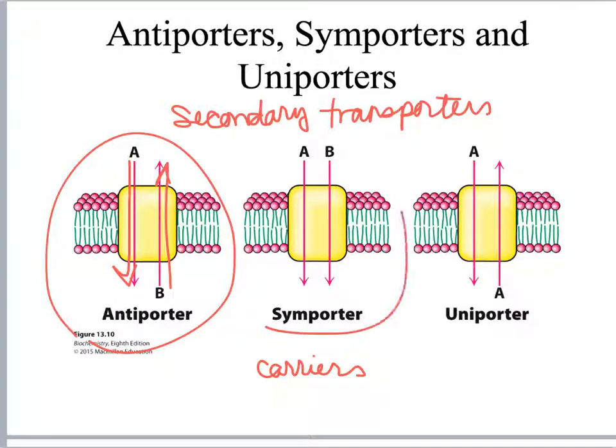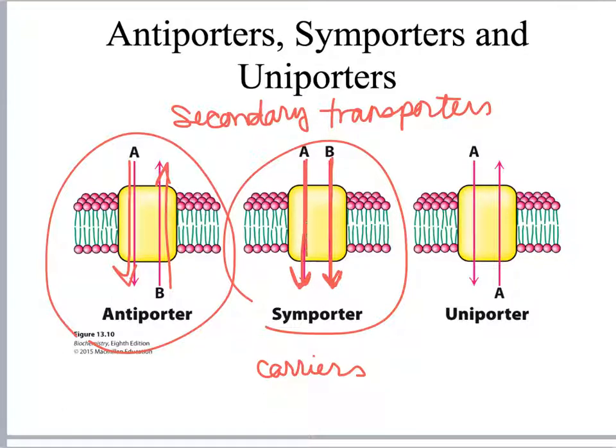The second type here is a symporter, which is also called a cotransporter. This uses spontaneous flow of one molecule down its gradient to move another against its gradient in the same direction. So if A is going down its gradient, the electrochemical potential that's driven is used to have B go in the same direction. The difference is B is going against its gradient.